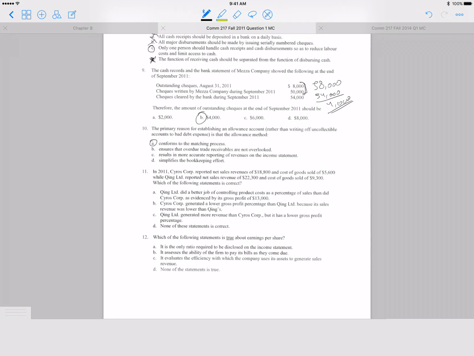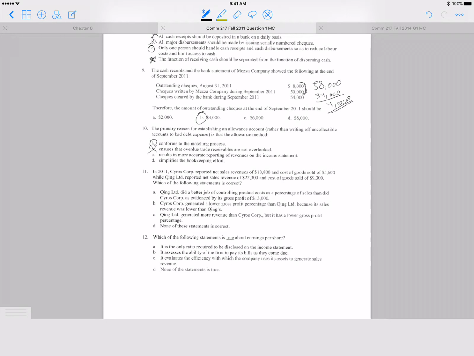Let's look at the other answers though. So B states that it ensures that overdue trade receivables are not overlooked. Well, this is not true because your general trade receivable account actually shows you all the dates of every account receivable. So that's not true. The allowance account actually just states the bad debt expense.